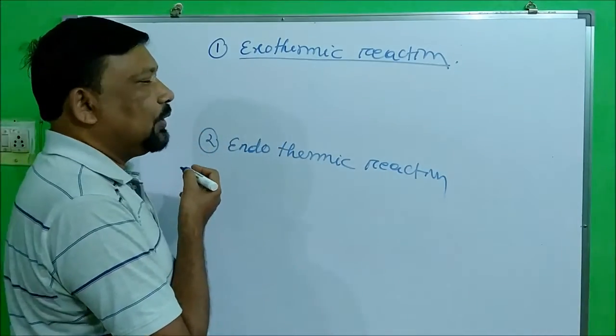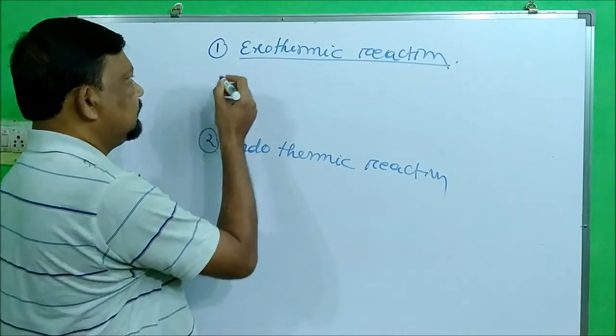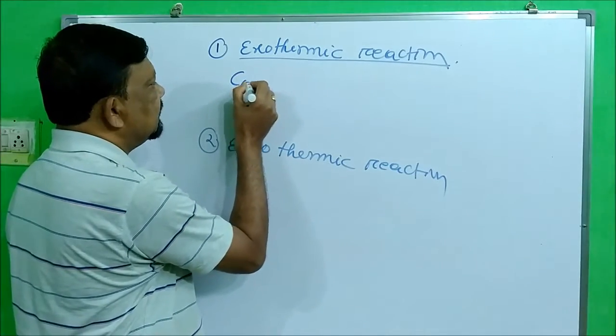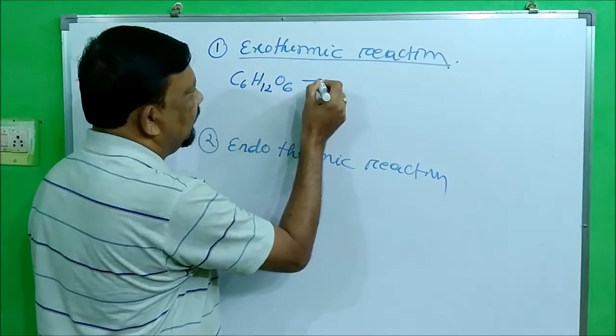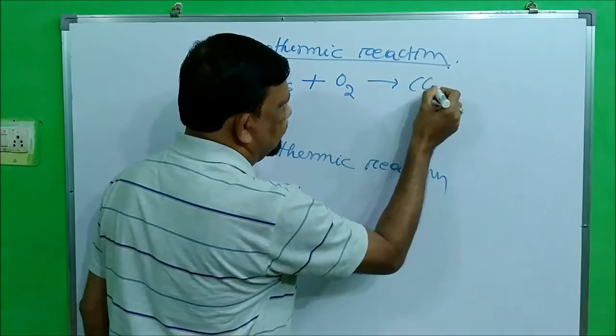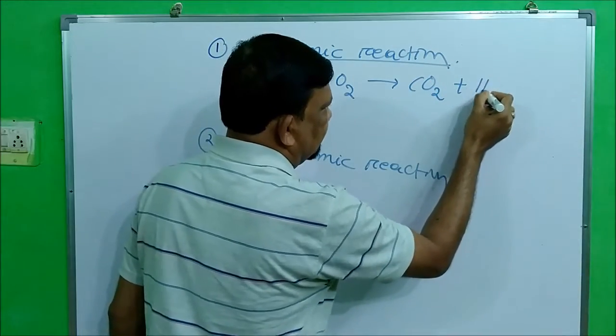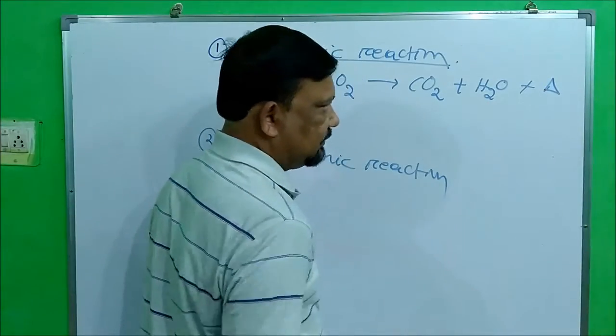So we can do one more thing. You can take some examples here. First example is C6H12O6. When you take oxygen, it breaks down to give you carbon dioxide and water plus energy.